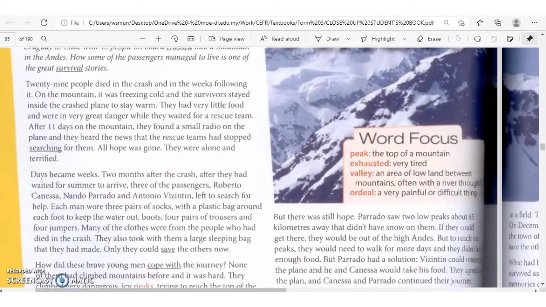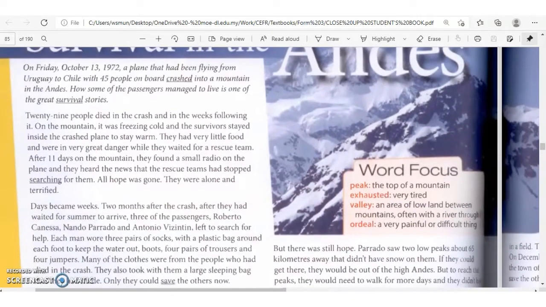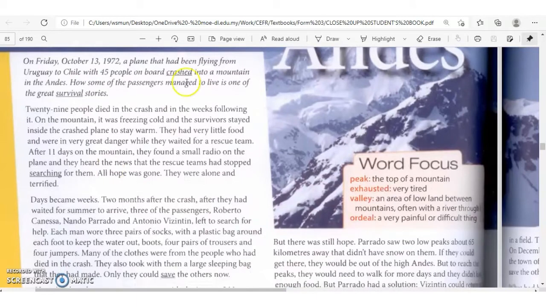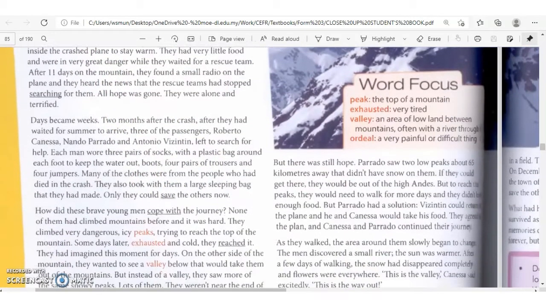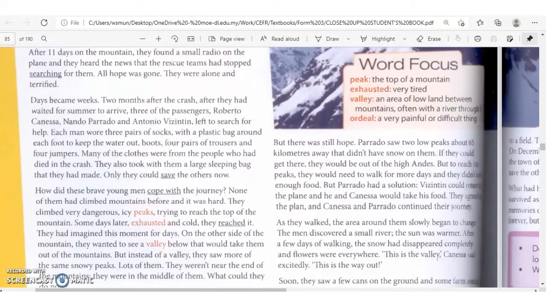For this one, I will give you 1 minute to skim through the text again and find out which part of the text actually tells you that these 3 men felt disappointed. I give you 1 minute from now.